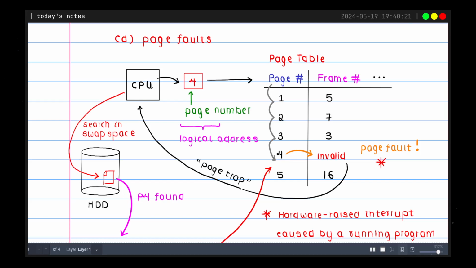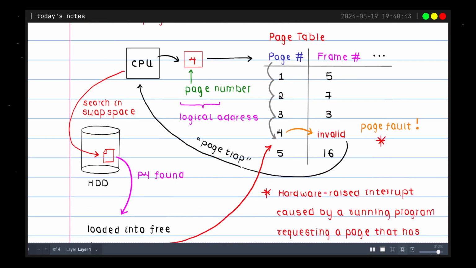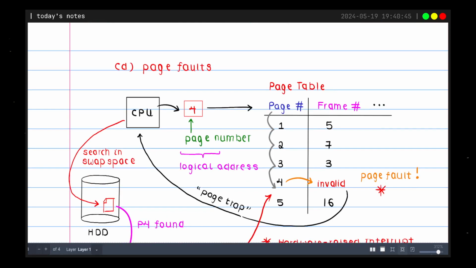When this happens, the page table might not have been updated as a result, or due to some issue the frame number would not have been recorded. So when the page is being looked up, the frame isn't available. In summary, a page exists in logical memory, but the respective frame doesn't exist in the physical memory. That's the case with page number 4. This is what results in a page fault.